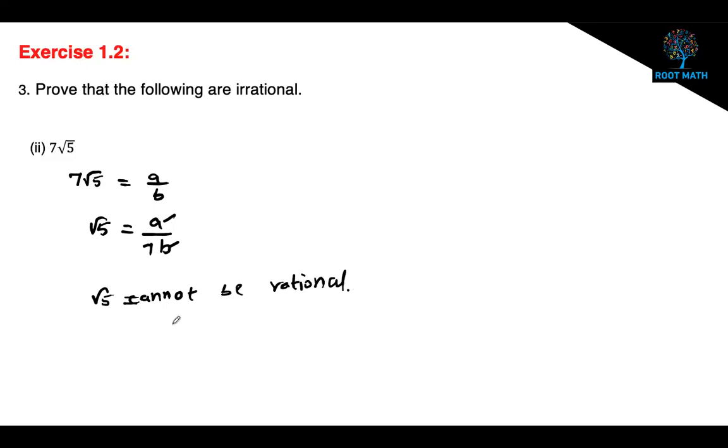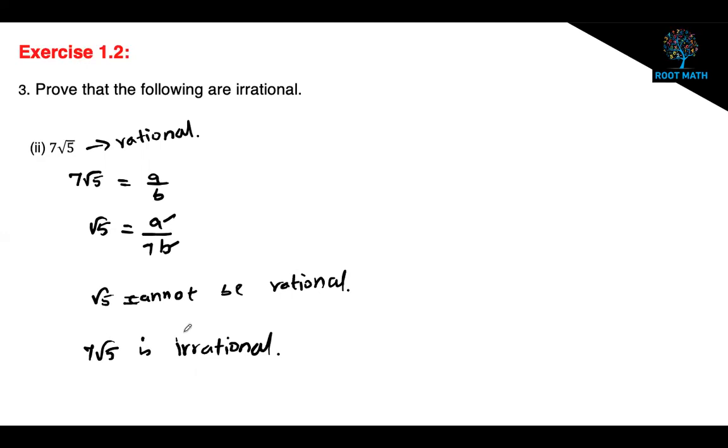This contradiction has arisen because we have assumed that root 5 is rational. Our assumption is wrong, therefore 7 root 5 is irrational. In these types of questions, there is not much calculation, only the statements you are writing.